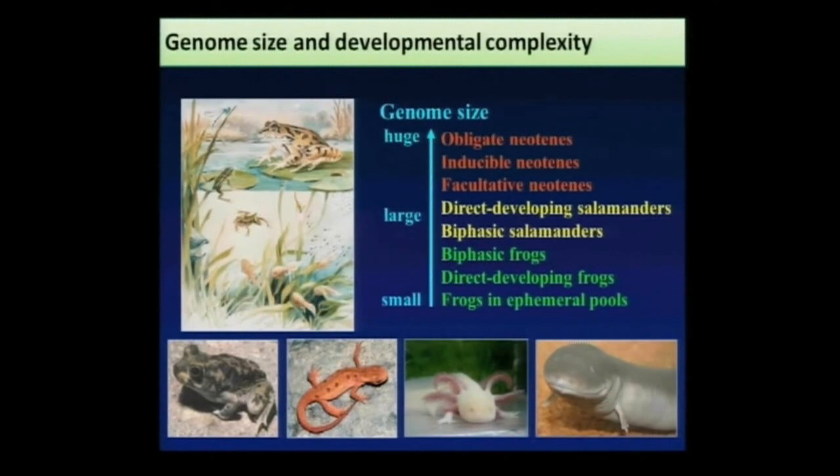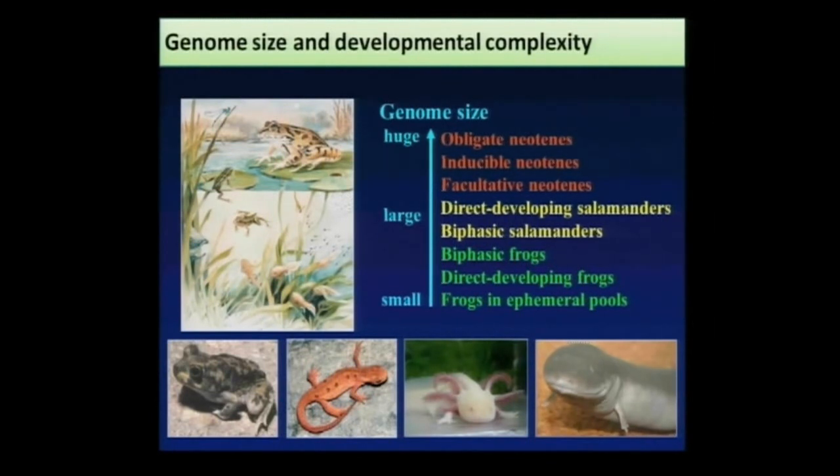What I've got here, and I'm using very technical terms, so try to follow, small genomes, large genomes, and huge genomes. If you look at frogs that live in short-lived pools, like in the desert, very small genomes. They have to come out, do their whole life cycle very quickly, back underground. Then you've got frogs that have normal development, salamanders with either biphasic development or direct development.